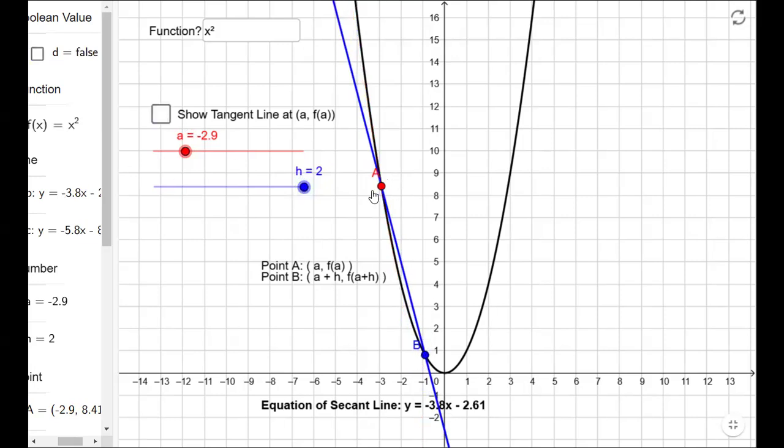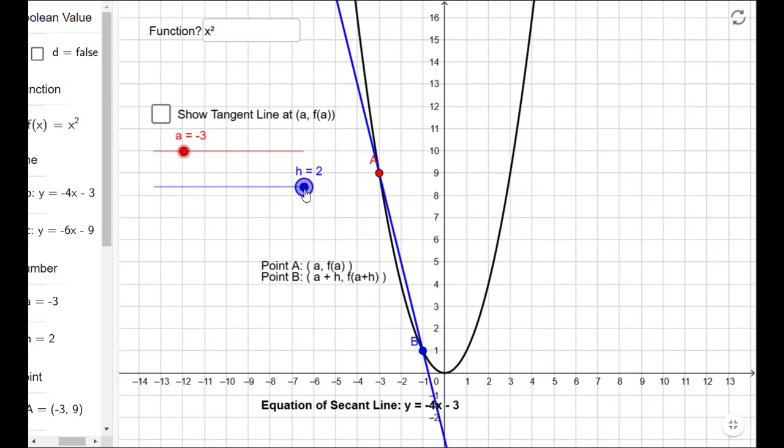So this is a secant line. Secant line means it crosses the graph at 2 points, 2 distinct points. So when I take a is like -3 and b, as I'm just adding 1, is -1, I got a secant line. In this case it represents average rate of change, right? So you will get an equation of the secant line.